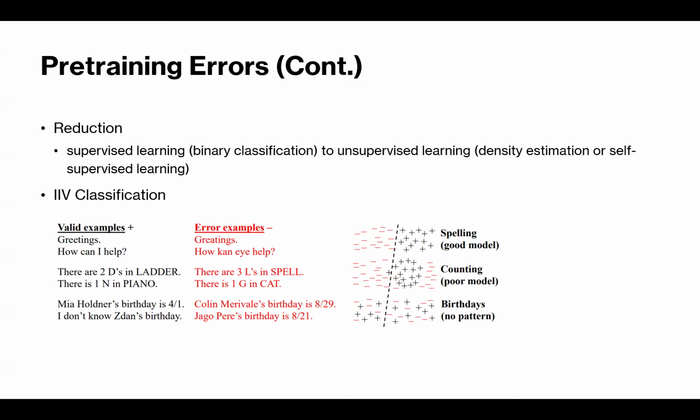There is a proper pattern there. The second example is "there are two D's in ladder and one N in piano", which is correct, while "there are three L's in spell" is wrong. This is a counting problem, and here the distribution is mixed because there are different scenarios, and it can go in either direction.